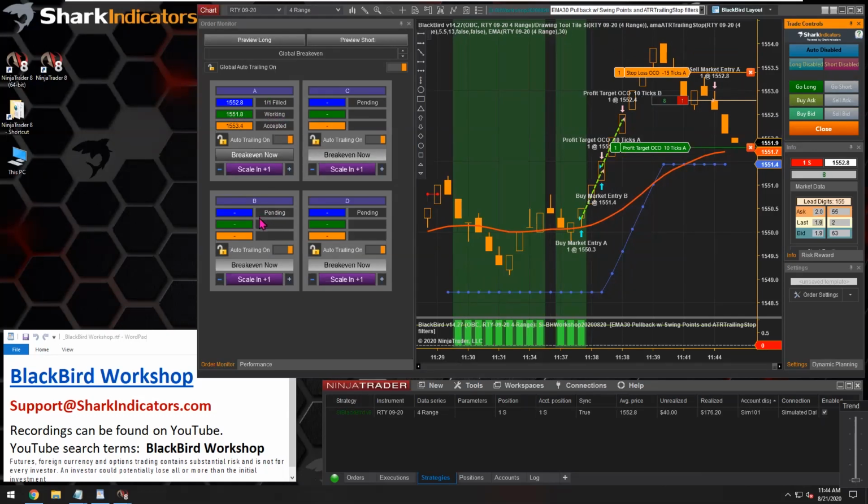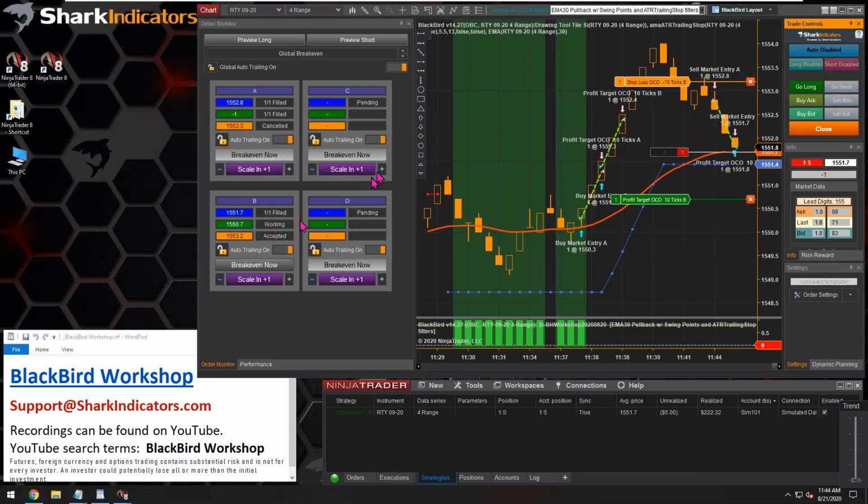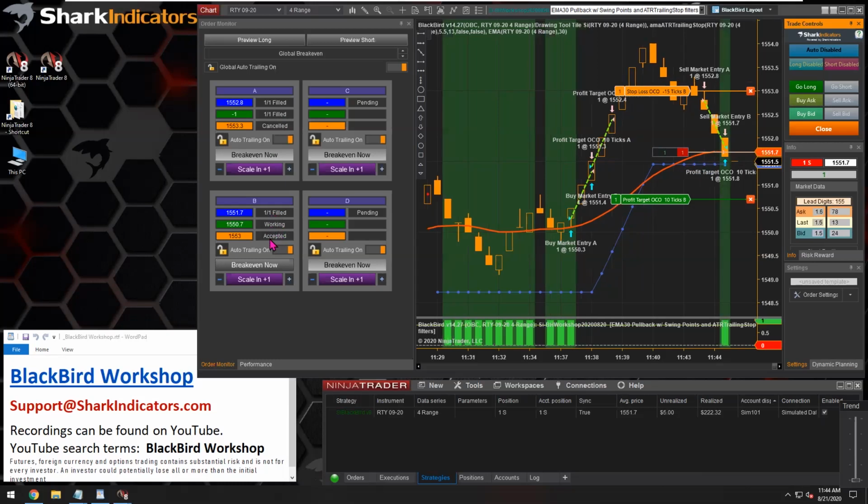And then order B gets submitted. And the same thing with C and D. They're all in pending states. There we go. So the profit target for A was filled. B gets submitted, B is filled. The profit target is working. Stop loss is accepted. And C and D are still in pending states, waiting for the profit target of B to get filled.